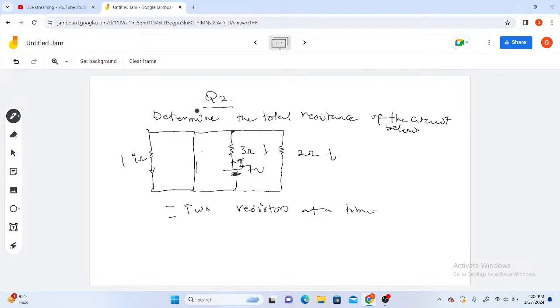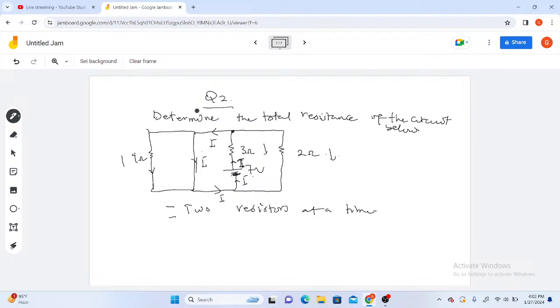And I told you that current seeks to find a path free of obstacles. The current doesn't like paths with resistors, and resistors are obstacles. So it will simply move here, I, then it will come and pass here, I, also return back I, then come back to the hot circuit I.